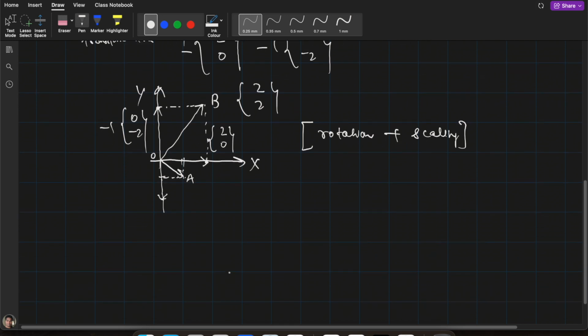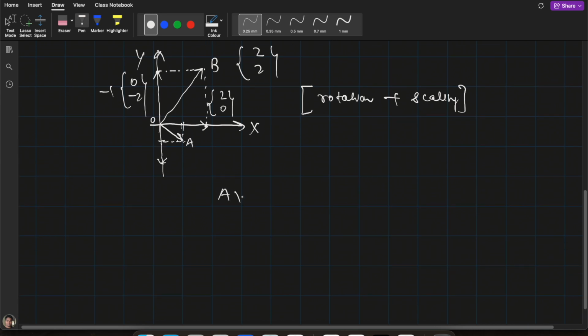Now I will move to this case, Ax equal to lambda x. What I want is, if I have a matrix A, I will act this matrix on X such that the resulting vector, the OB vector, is exactly in the direction of X, scaled by lambda.